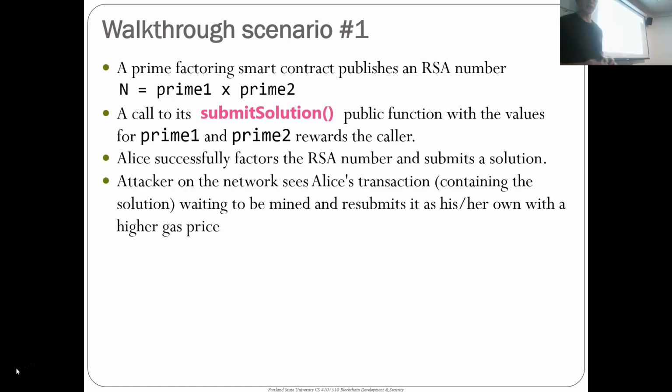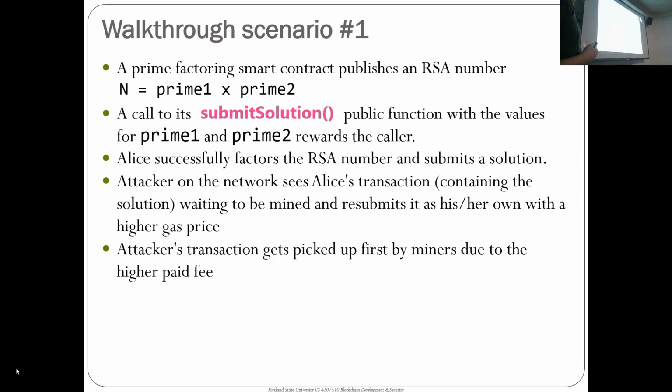The devious miner can see that Alice has submitted prime 1 and prime 2, and then rather than submit her version of submit solution, the miner repackages his own and just steals prime 1 and prime 2, and then submits the transaction with a higher gas price, so that all the miners, because the miners want to make money, will take the miner's solution over Alice's. And then Alice is left without her rightful solution. Okay.